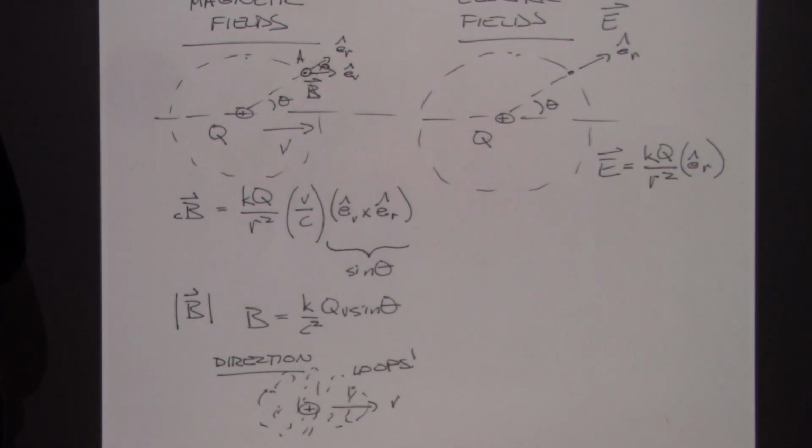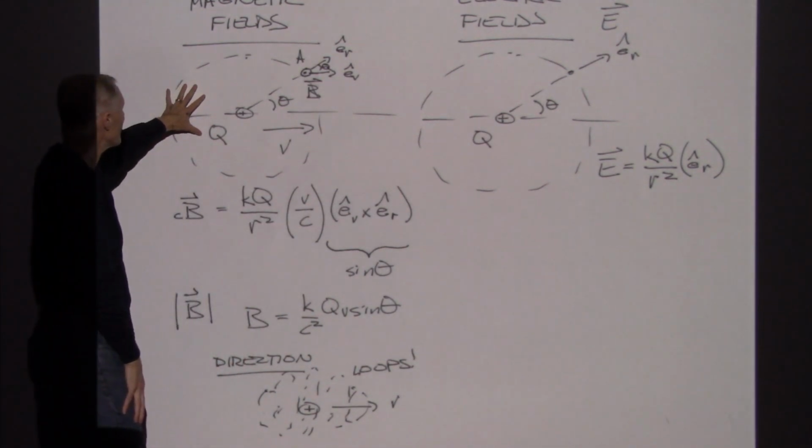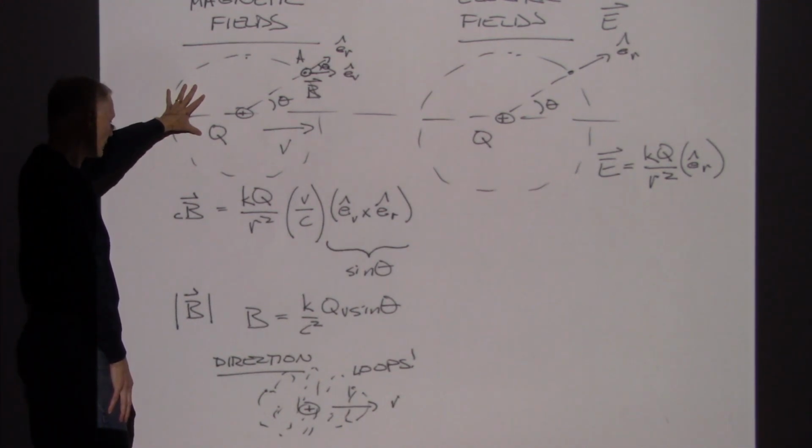Now textbooks tend to skip this step because I'm not sure why. It doesn't really seem that much more difficult than other things that we talk about. But this is really at the foundation of the sources for magnetic fields.